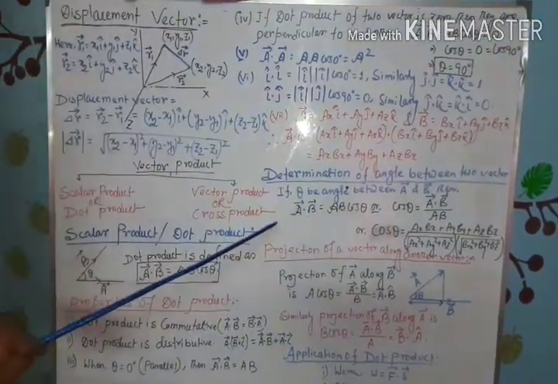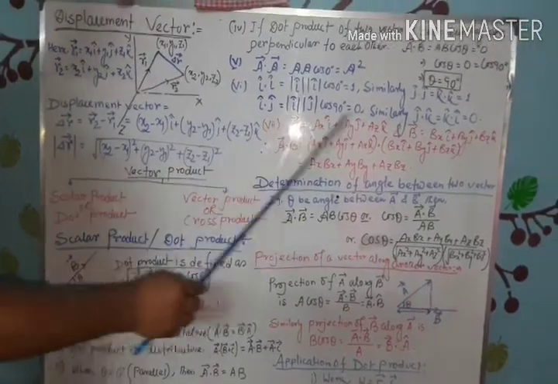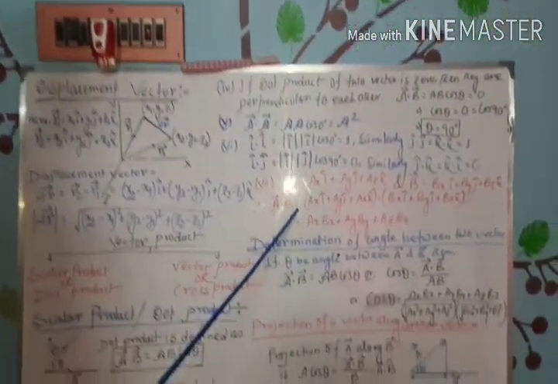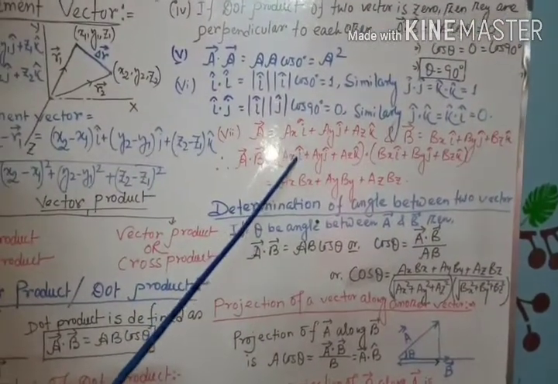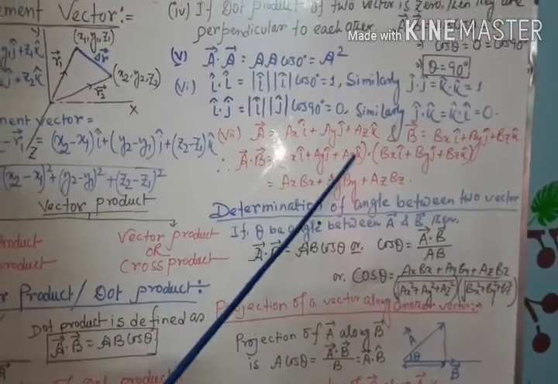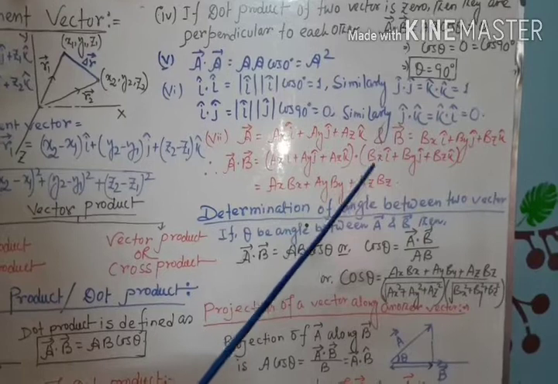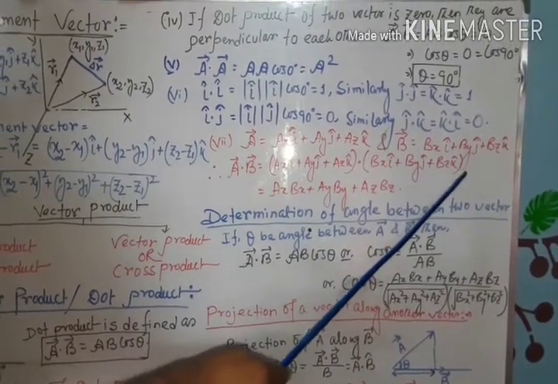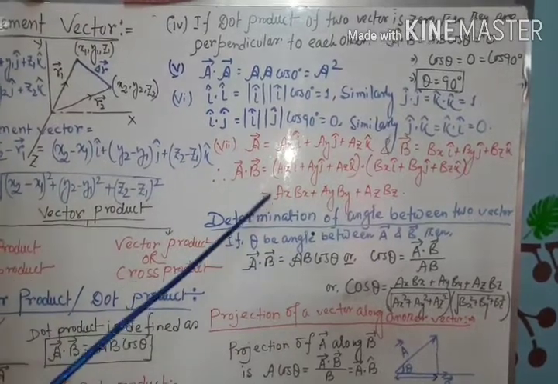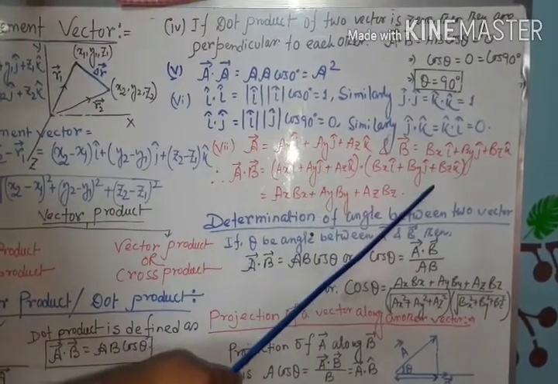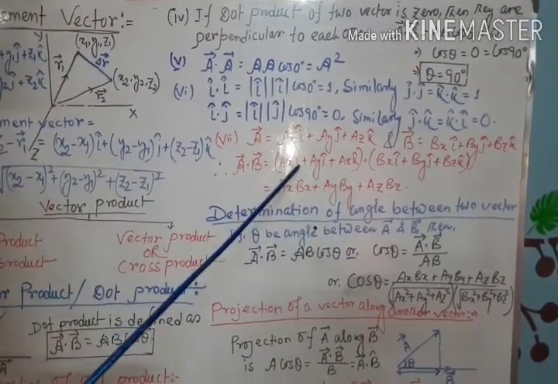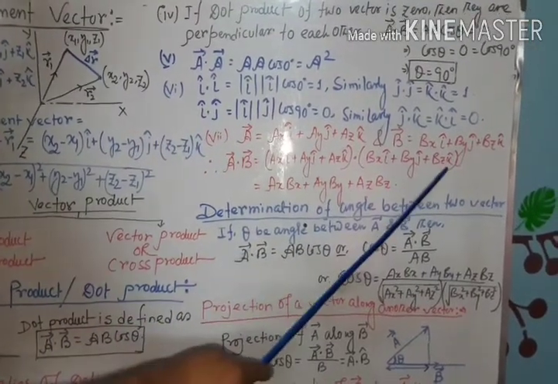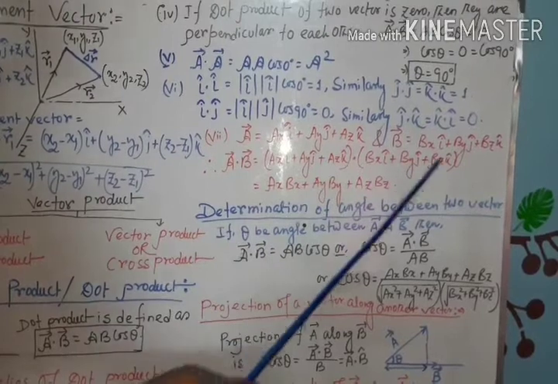Now you want to determine a vector dot b vector, which equals (ax i cap plus ay j cap plus az k cap) dot (bx i cap plus by j cap plus bz k cap). Whenever you perform the dot product here, you have to dot this portion with this whole, similarly this portion with this whole, and similarly this portion with this whole.